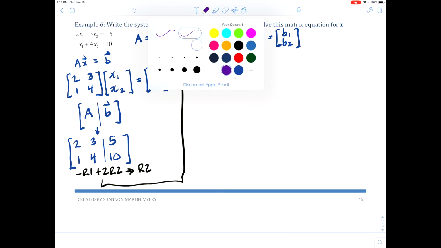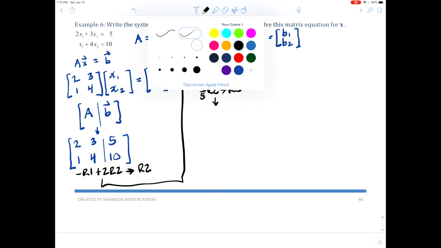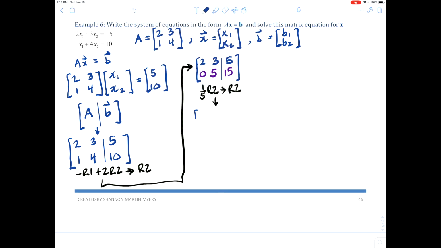Cool, cool? All right, so next up, what should we do? Let's go ahead and do this. Do you see that we can take 1/5 times row 2 for a new row 2? And that will give us the matrix 2, 3, 5. And then we'll have our new row 2 as 0, 1, and 3.